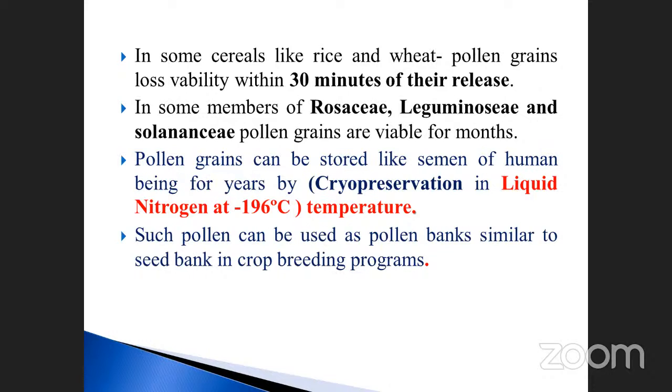Particularly in liquid nitrogen at minus 190 degrees Celsius, we can store a male gamete as well as an ovum or pollen grains, whatever it may be, for many years for further use. So these are all very important for crop breeding programs. Suppose you want to produce a new variety, otherwise called the hybridization process, or a seed bank and also a pollen bank, these types of technology are used.